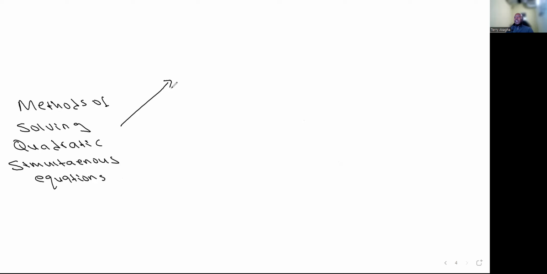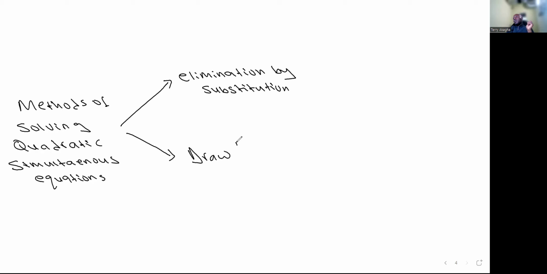You can use the elimination by substitution. There are several methods, but I'm only going to focus on the elimination by substitution method. Also, you can draw or sketch the graph. I've talked about sketching before, so please look at the previous video so that you can know how to do this.